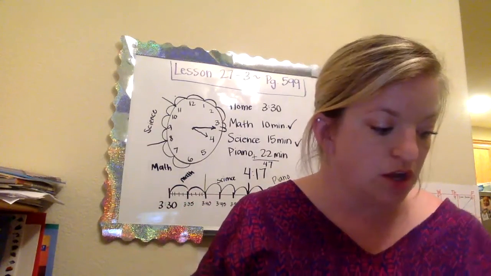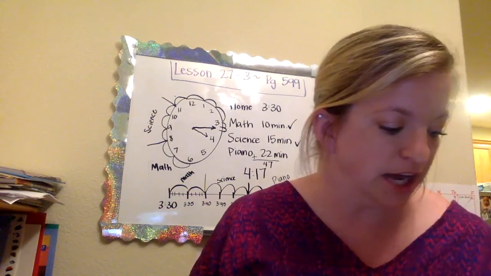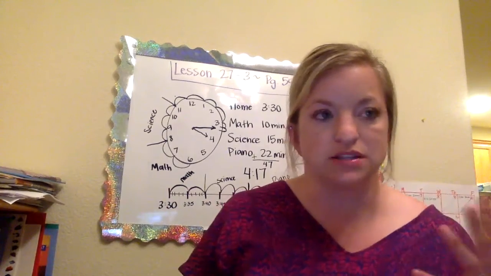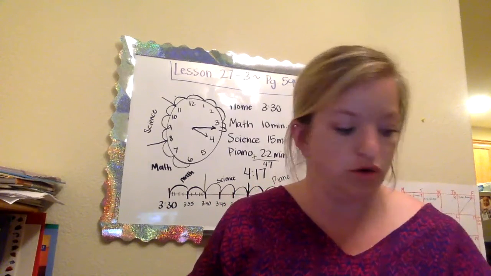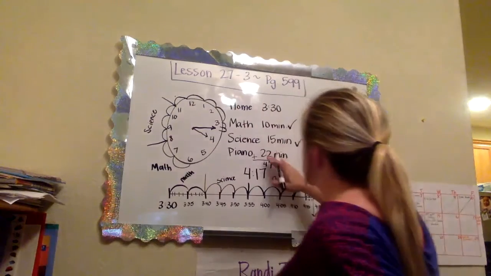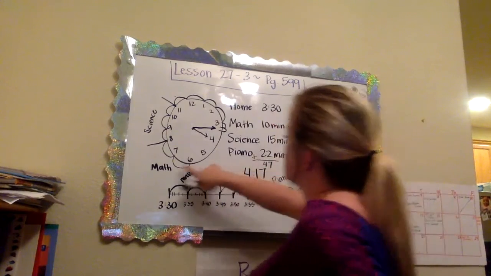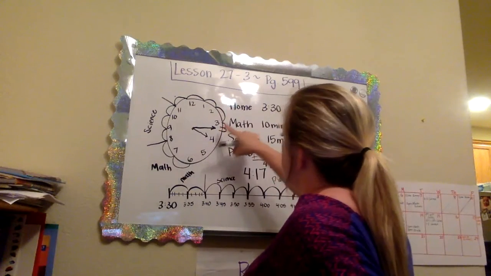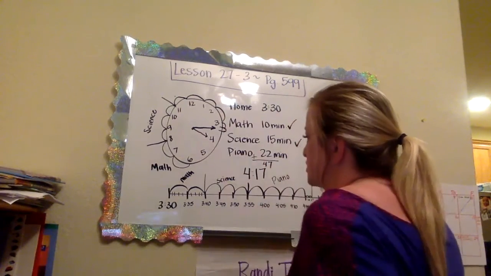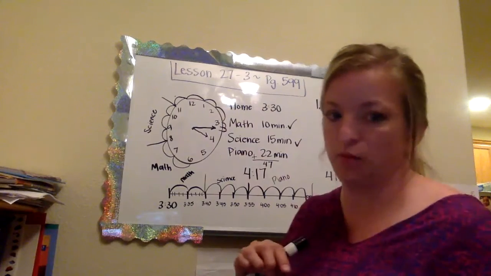Not bad. Number 2, explain how you can use the total elapsed time to find Jenna's end time for doing her homework and practicing the piano. So what that is saying is that if you don't know the time that she ended, but you do know how much time all of these took, you could first find out how much time it took, which was 47 minutes, and then add those 47 minutes on to 3:30.